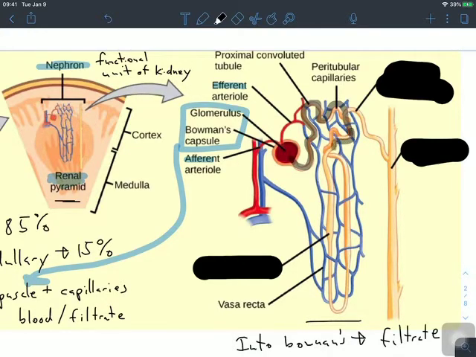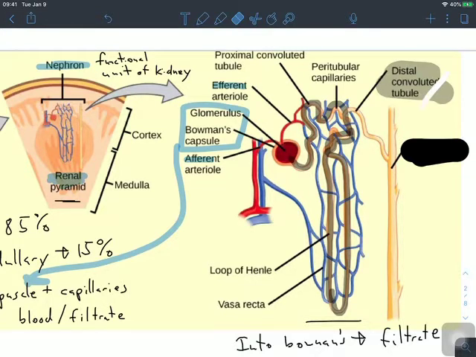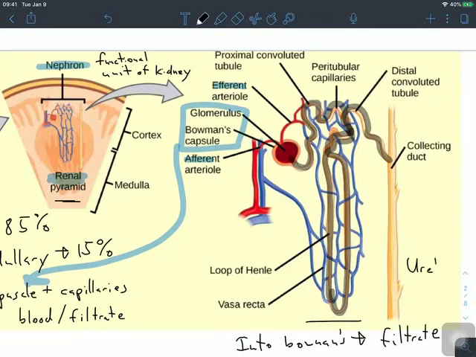It then goes down into the descending loop of Henle before coming back up the ascending loop of Henle, and then it goes into our distal convoluted tube before adjoining to our collecting duct. And the collecting duct, of course, goes on to your ureter.